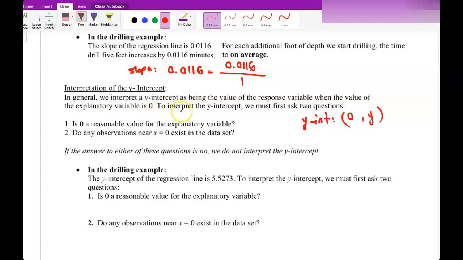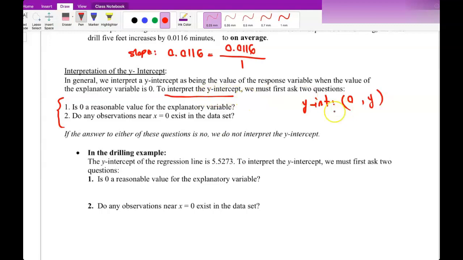To interpret the y-intercept, we must first ask two questions. First, is 0 a reasonable value for the explanatory variable? And the second one is, do any observations near x equal to 0 exist in the data set?